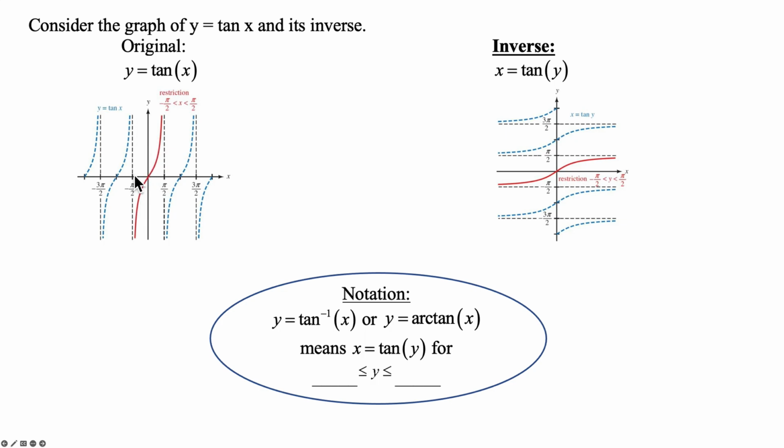This is fine. But if we're just going to go y equals tangent of x, we get the rest of all those iterations. If we go x equals tangent of y, then you get all those extra iterations going vertical here. But once you say y equals inverse tangent of x, then it's just the one in red with the restriction.